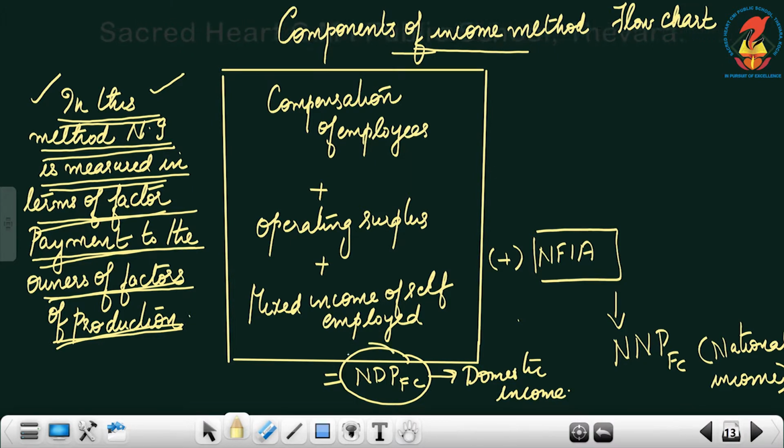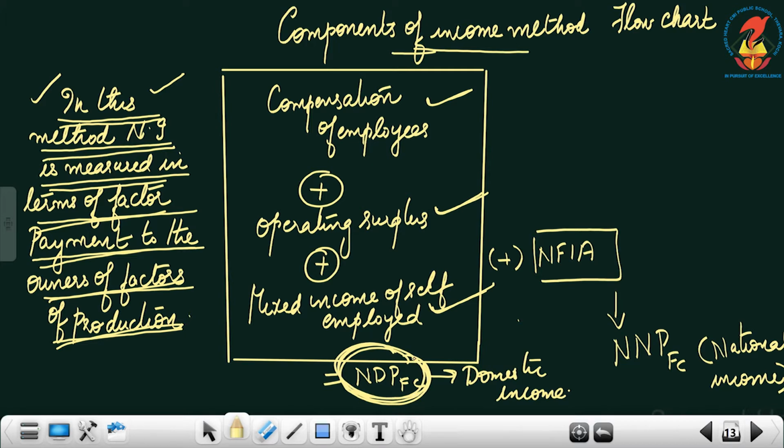Now how do we arrive at domestic income or NDP at factor cost? NDP at factor cost is compensation of employees plus operating surplus plus mixed income of self-employed.